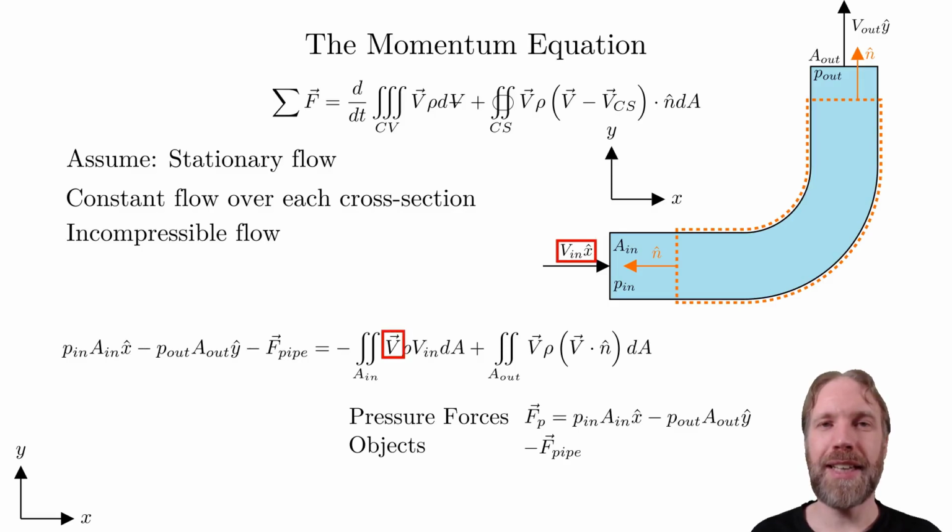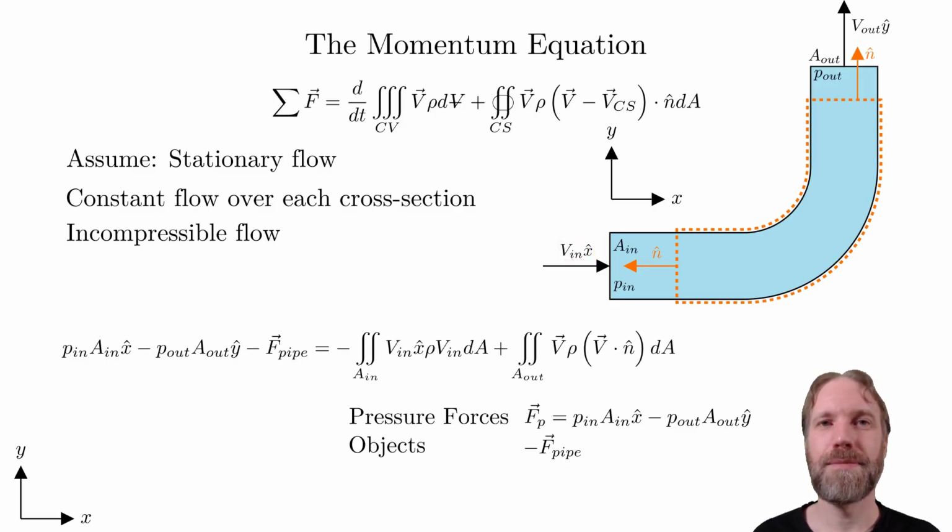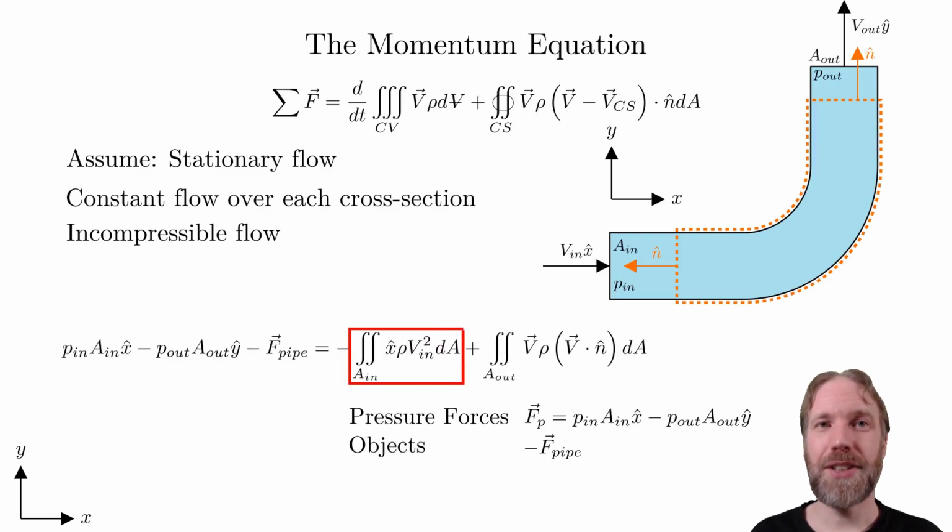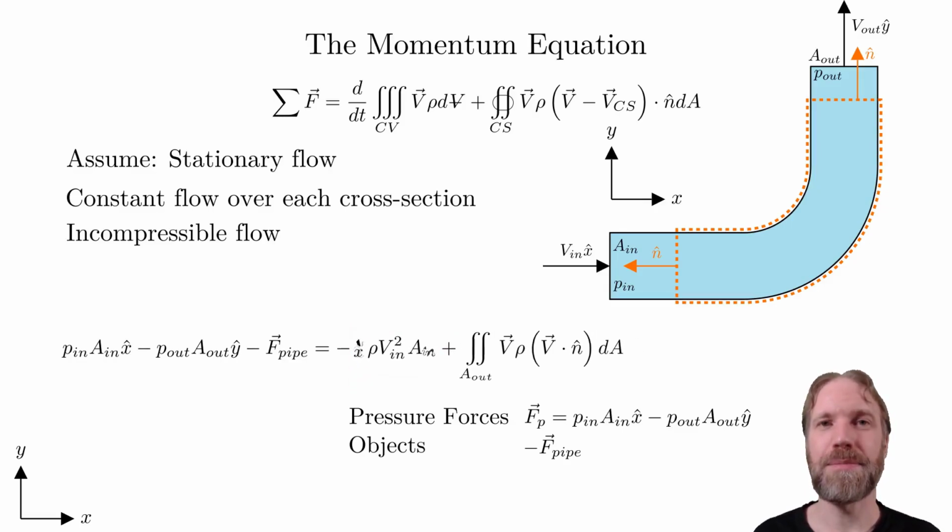The vector V is V in x hat. We can combine the V in terms. As we assume constant flow over each cross-section, this integral is just a multiplication with the inlet area.